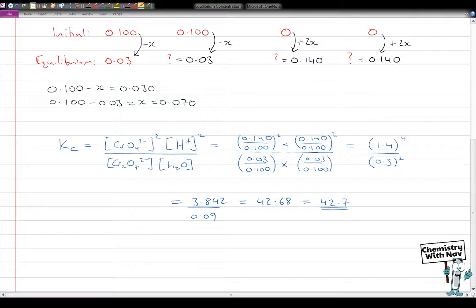Now in terms of units, we are looking at concentration to the 4 on the top, mol dm⁻³ to the 4, and concentration squared on the bottom. So the bottom completely cancels, and the units are just going to be concentration squared. So that's mol² dm⁻⁶.